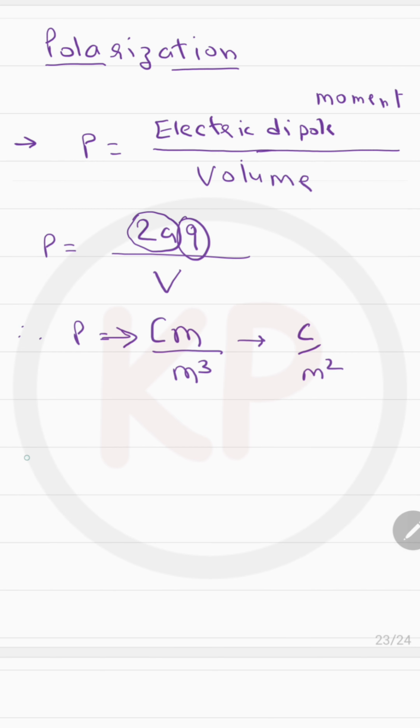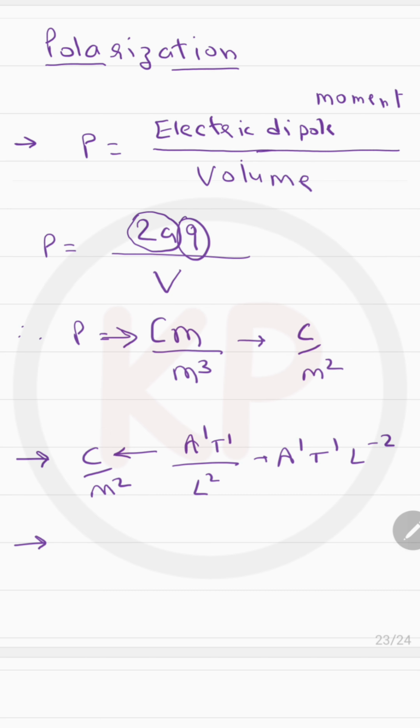Now let's see its dimensional formula. Coulomb per meter square. This coulomb gives A1 T1, meter square is L2. We'll get A1 T1 L minus 2. If charge is taken as a base quantity, again coulomb per meter square, this will become Q1 by L2.